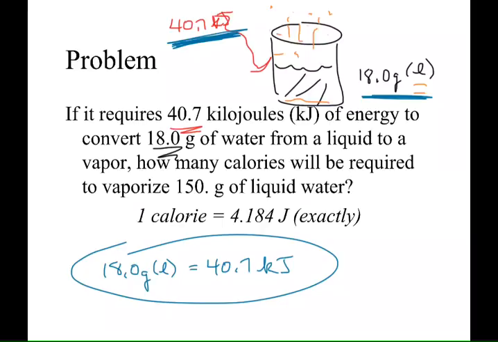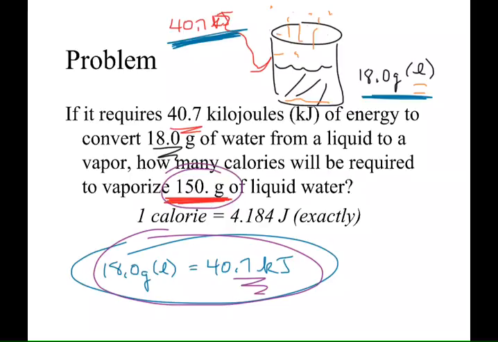And then it goes on to say, how much energy would you have to zap it with if instead of 18 grams, you had 150 grams with 3 sig figs. So we're going to work this problem, and the first term we're going to start with is our 150 grams. Then we're going to use this to go from grams to kilojoules.